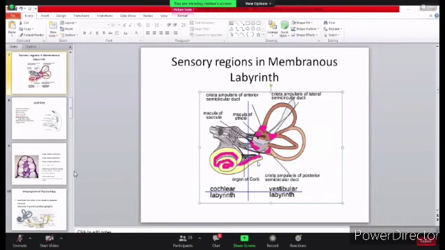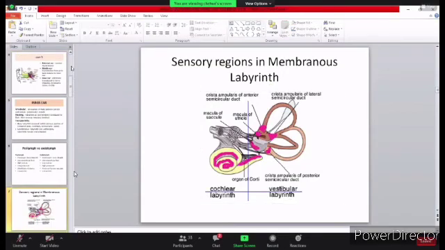Why? Because of the crossing tracts. Okay, and the basilar membrane is very important. Structures and functions: what helps the basilar membrane to function the way it does? What are the special properties? It will help in your clinical practice if you can focus on that.